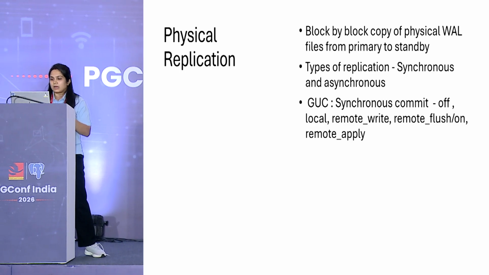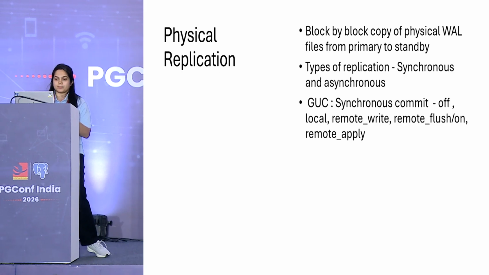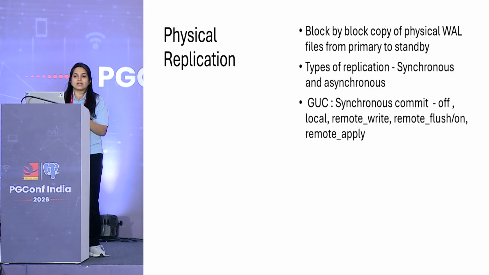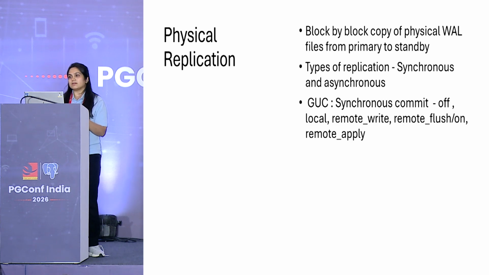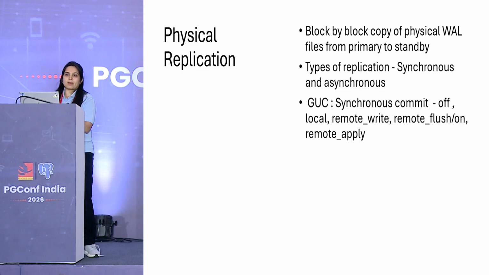One is off, which means asynchronous replication. That means it does not depend on whether the change is actually sent to the standby or not. It just commits its own transaction locally without waiting for any guarantees. It does not even wait for the transaction to be flushed locally on master.